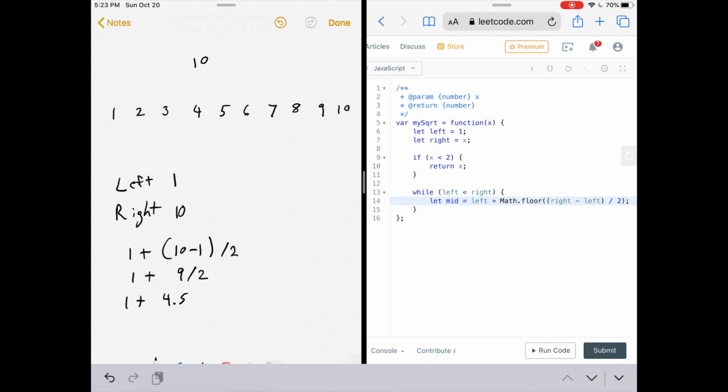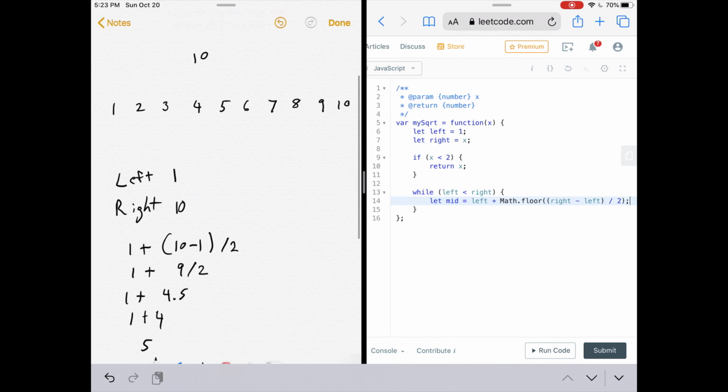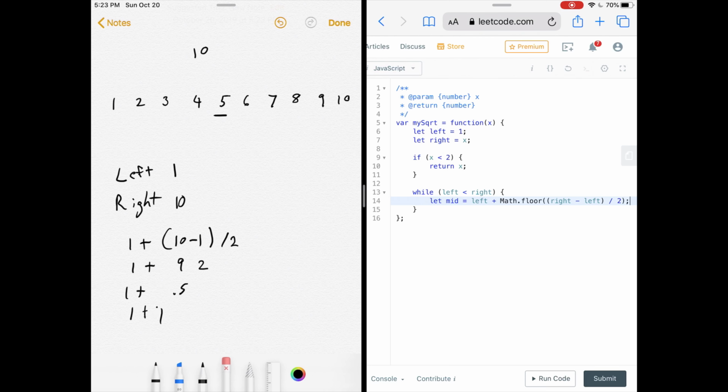You round that down to 1 plus 4, which equals 5. So the midpoint for this is the number 5. Now let me just get rid of all of that. Okay, now we have our midpoint.